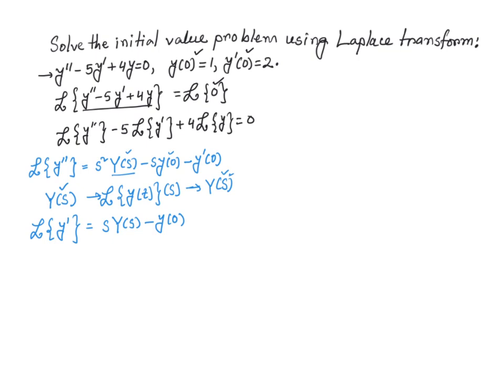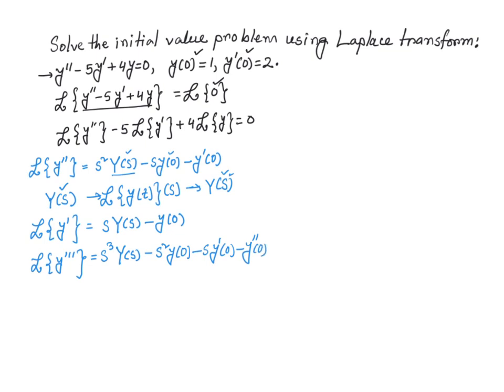Now, I'll give you another example, even though we do not need it for this problem. Laplace transform of y triple prime. I'm giving it here so that you can get a feel for it. It is going to be s cubed, because triple prime, times y of s, minus s squared times y of 0, minus s times y prime of 0, minus y double prime of 0.